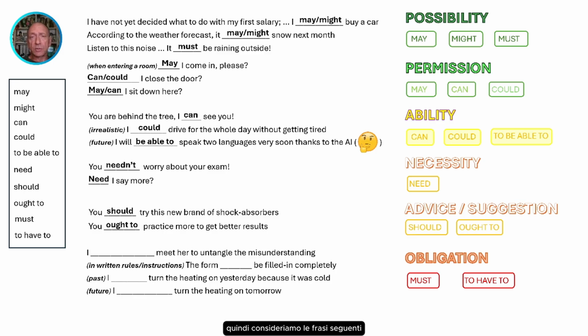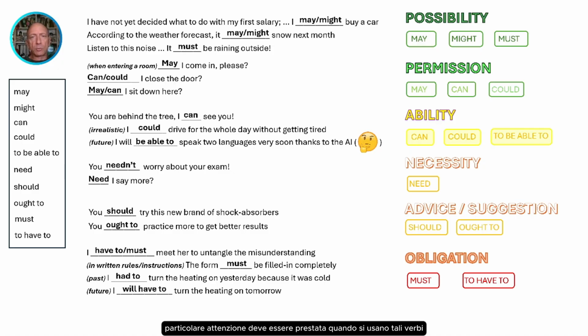So, let's consider the following sentences. In the first one, to have to and must may be used interchangeably. In the second one, it is crystal clear that it is a permanent instruction, so we have to use must. As already said, when forming sentences in the future tense and in the past tense, the use of to have to is mandatory.